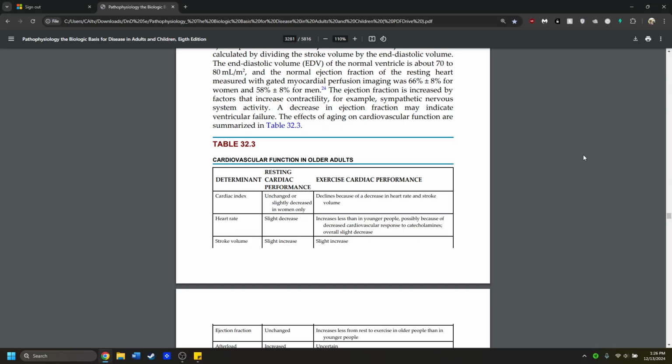And the hospital setting will say 65% or greater is a normal heart EF, or ejection fraction. But it also comes down to your hospital facility and what it would like us to go by.